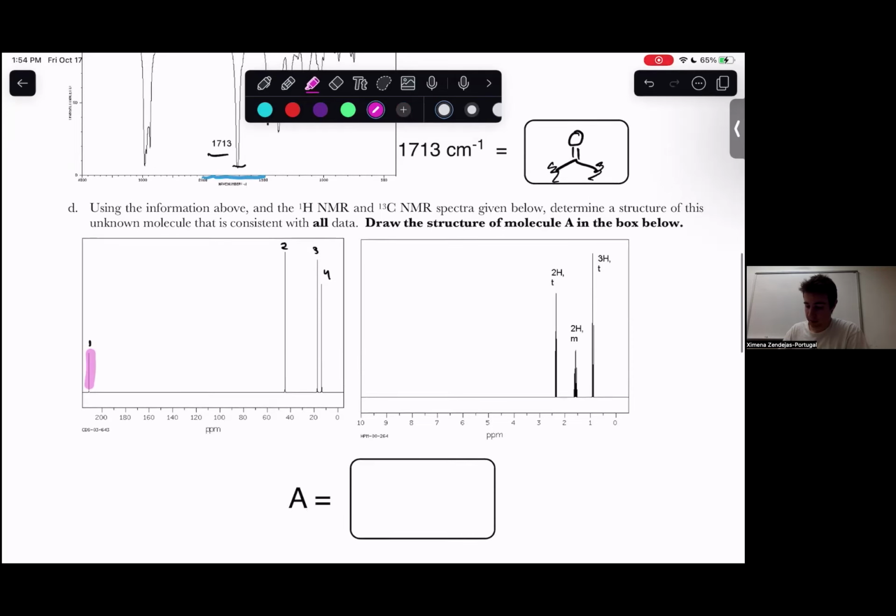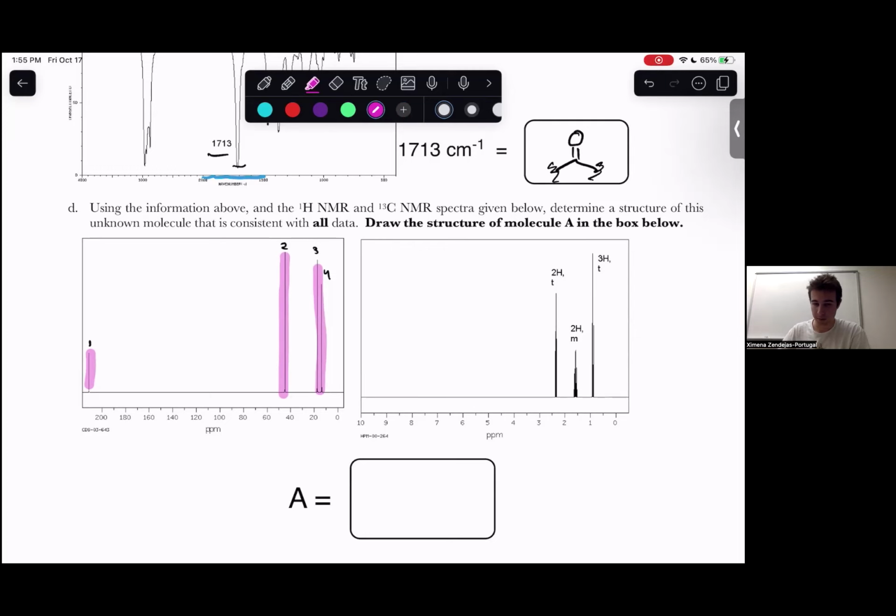The rest of our peaks appear from the 0 to 70 ppm range, which means they're likely sp3 hybridized carbons. And this one is more deshielded than the other 2, meaning it's likely the closest to the carbonyl carbon. Then the next 2 peaks aren't experiencing as much the effects of deshielding, which means they're farther away from that electron withdrawing oxygen.